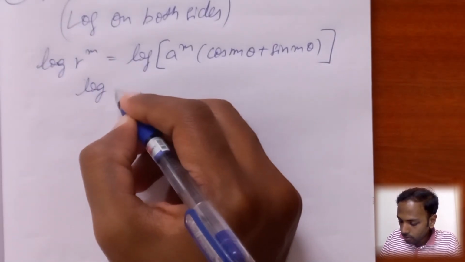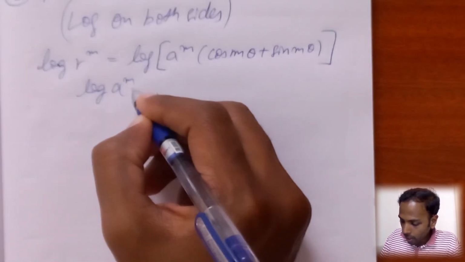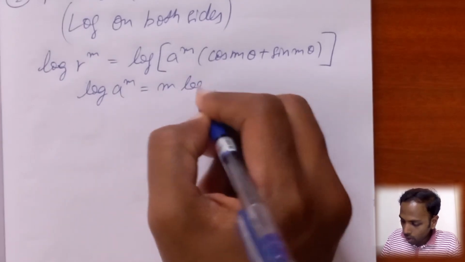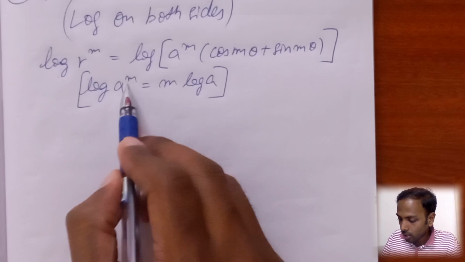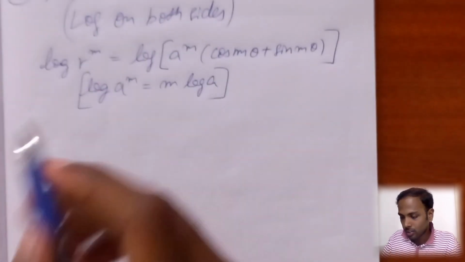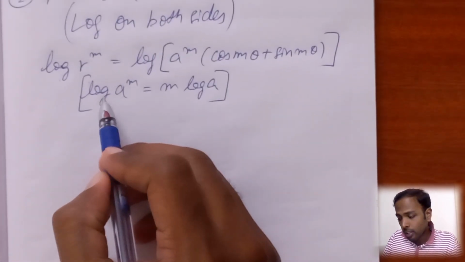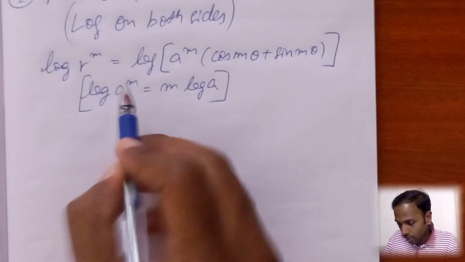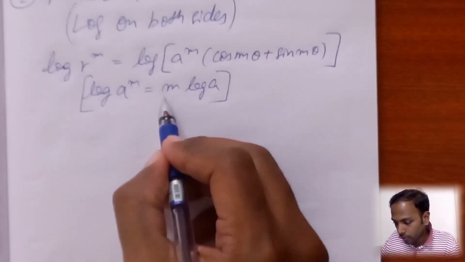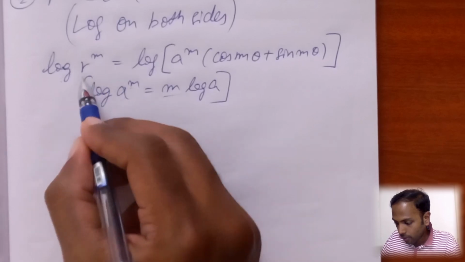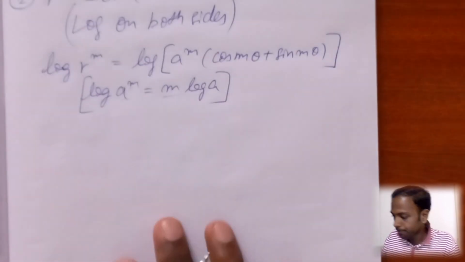Log of a power m is equal to m into log a. Now look at here. In place of a, there is r. M, it's there. Some power. Basically, if you have in the term of log of something to the power something, then you can write this like this. So in place of m, we have m. In place of a, we have r. Applying this here.